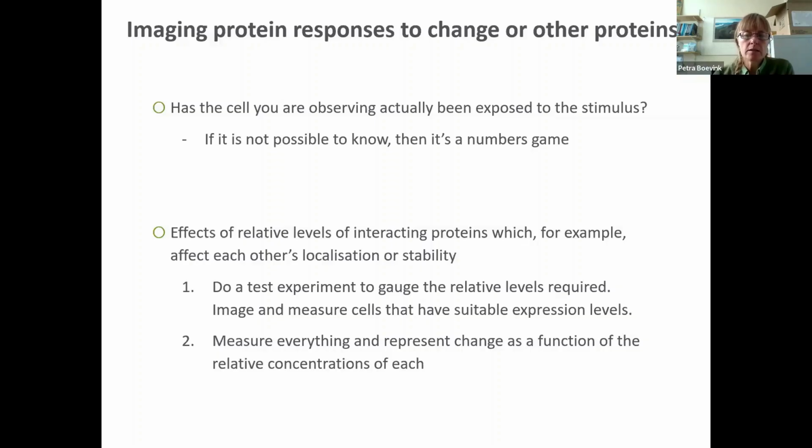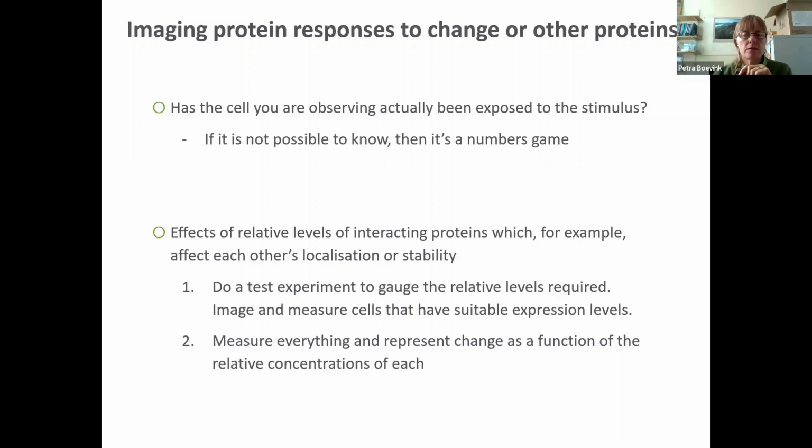So if you're looking at such events, particularly in a system in which expression levels are really variable, like transient expression, for example, you need to take account of the relative levels of the proteins involved. So if I had in one of those cells an absolutely massive amount of PP1C and hardly any effector that I could barely see, would I actually observe any change in the localization of the PP1C?